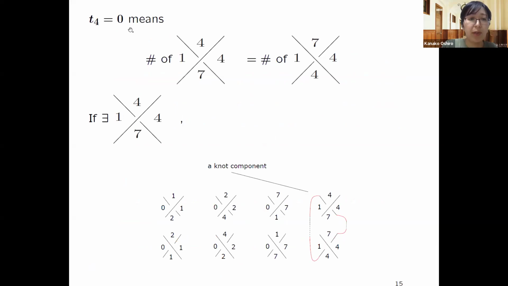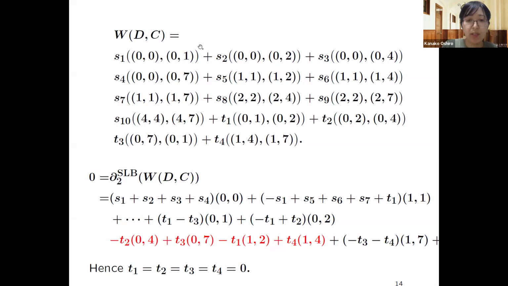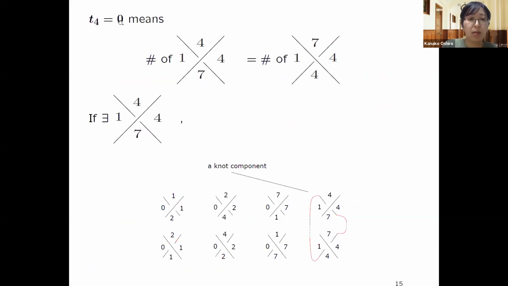T4 equals 0 means that T4 is this coefficient. T4 equals 0 means the number of positive crossings colored by 1, 4, 7, 4 is equal to the number of negative crossings colored by 1, 4, 7, 4.